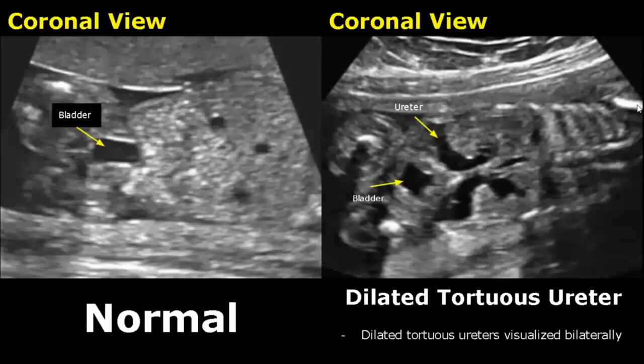In this image we can see dilated tortuous ureters bilaterally. They appear curved and dilated. This can be due to any obstruction related to the urethra or the ureter itself.